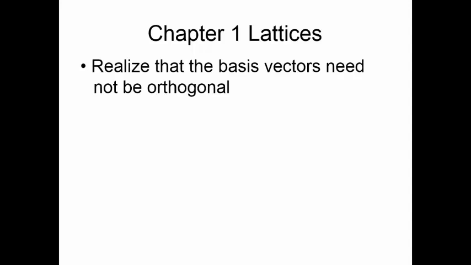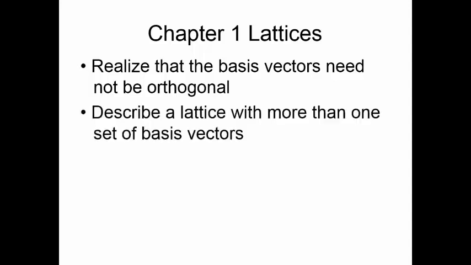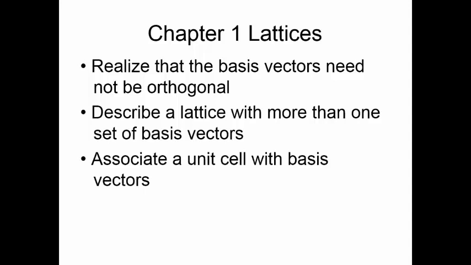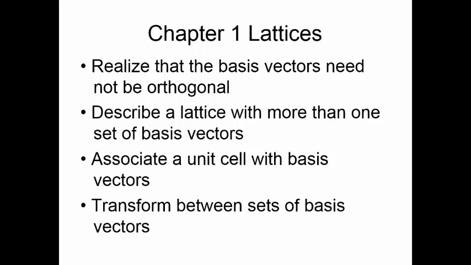Then we will leave the orthonormal world and realize that basis vectors need not be orthogonal or unit lengths. We will describe the lattice with more than one set of basis vectors, and we'll associate a unit cell with these basis vectors and study the transformation between sets of basis vectors.